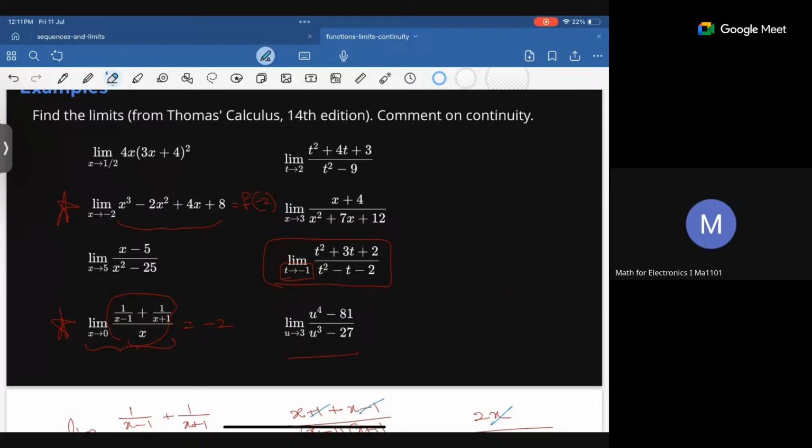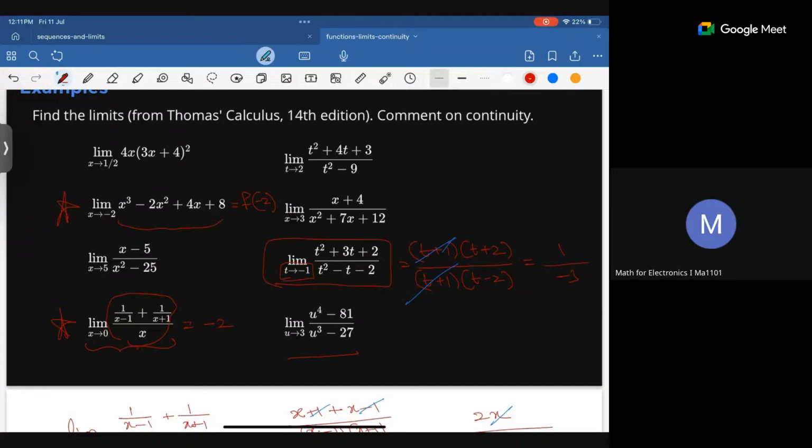If you factorize the numerator, you will get t plus 1 into t plus 2. And the denominator, if you factorize, you will see t plus 1 into t minus 2. So you will have the same factor t plus 1 in the numerator and denominator. Cancel it out. Once you cancel it out, we will not face any difficulty in substituting -1. So just substitute -1. You will see the numerator is 1 and the denominator will be -3.